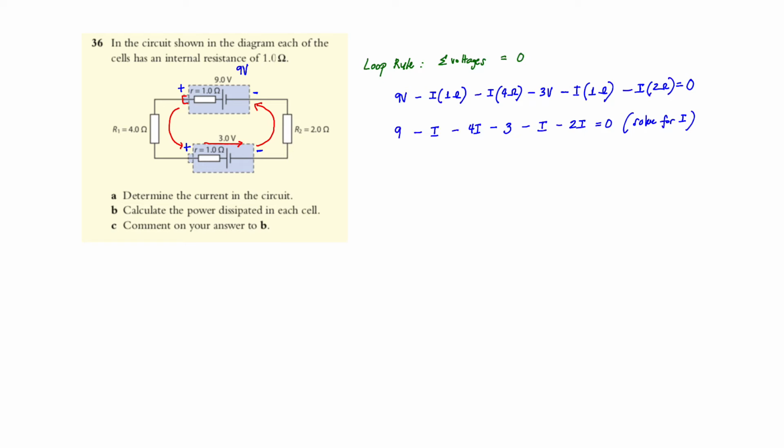If we solve here, first we have 9 and 3. So 9 minus 3, that would be 6, minus I, minus 4I would be negative 5I, negative 6I, and negative 2I, so this is negative 1, negative 5, negative 6, negative 8. And so this one is negative 8I, equal to 0.